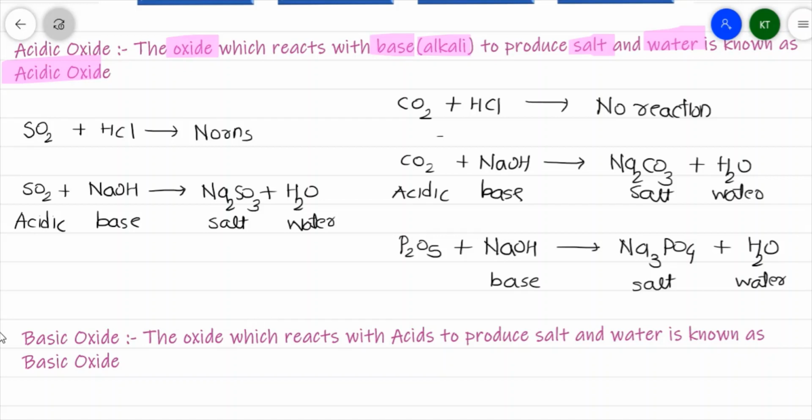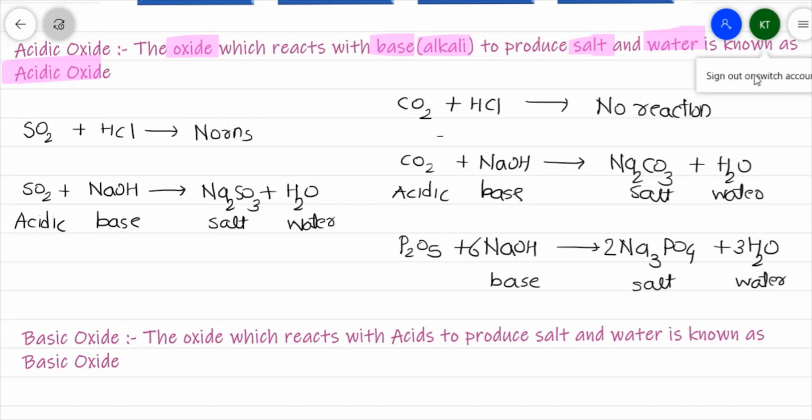There are two phosphorus, so I'll multiply by 2. So 3 2s are 6, 6 NaOH, and I'll have 3 H2O. So 5 oxygen here plus 6 oxygen here, 11 oxygen. On the other side, 4 2s are 8 and 3 oxygen, 11. So it gets balanced. So here the acidic oxide reacts with base to form salt and water.